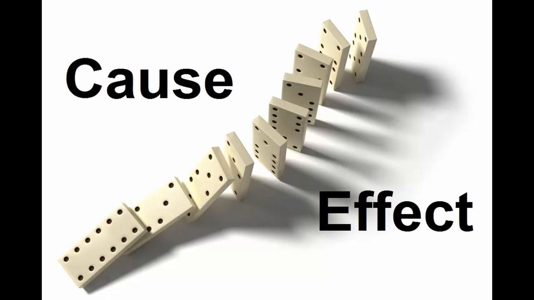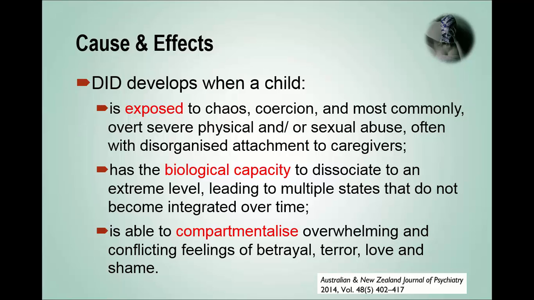So what is actually known about the cause of dissociative disorders, and what effect does it have on the individual and on society? Based on extensive international research over more than 3 decades, there is now compelling evidence that dissociative disorders, and dissociative identity disorder in particular, occur in response to extreme childhood relational trauma.